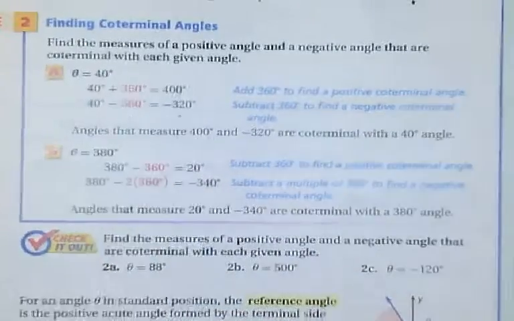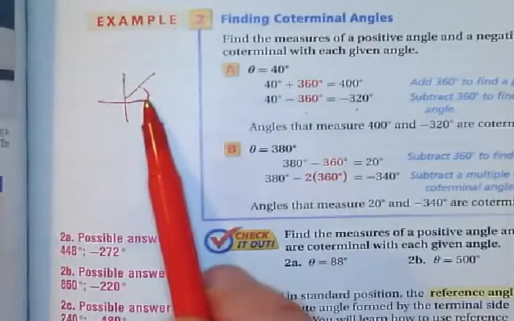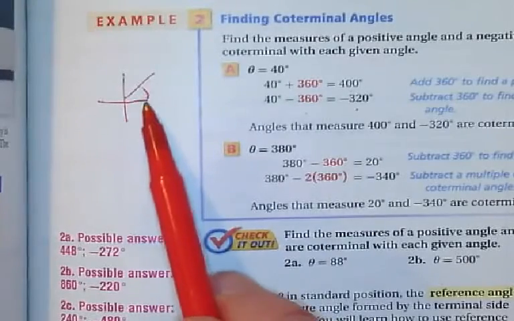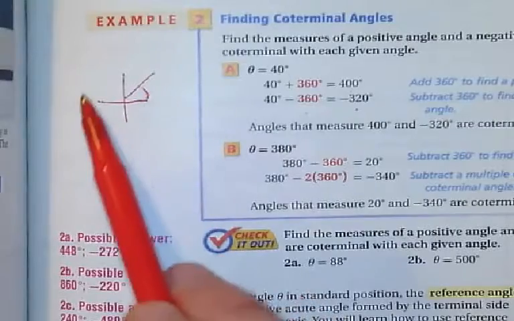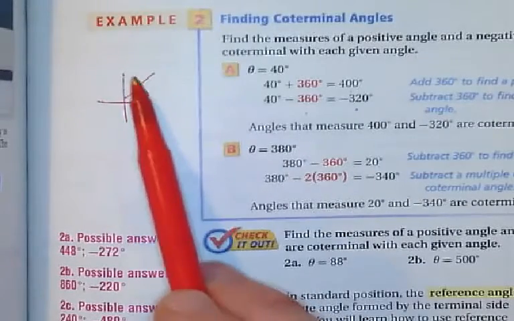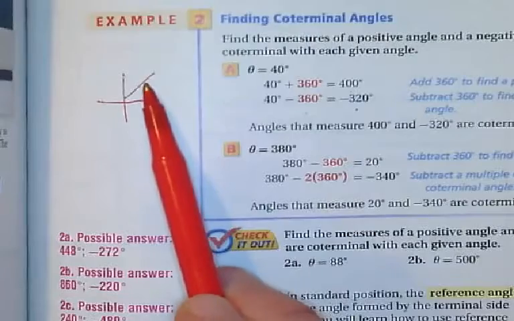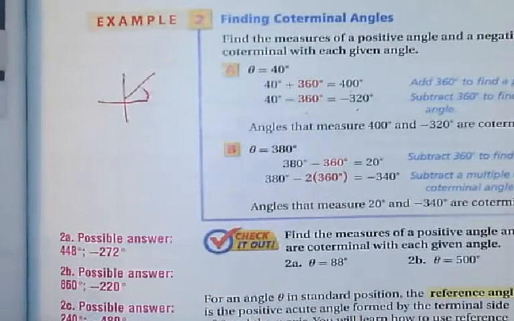Right? Because 40 is right here. If I subtract 360, that would be negative 320. If I take 40 and add 360, that would be positive 400 degrees. See what I'm talking about?